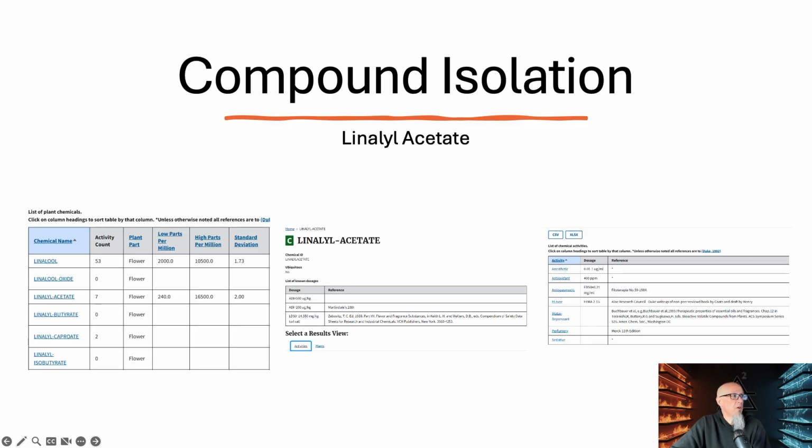And so for our purposes, if you look at the very first row and the third row, okay, those are the two main constituents that we need to be concerned with, right? While we want to get as much of the profile as possible, those are the two that we're going to want to make sure are still in our product. If we have those, the rest of it will just kind of fall together.